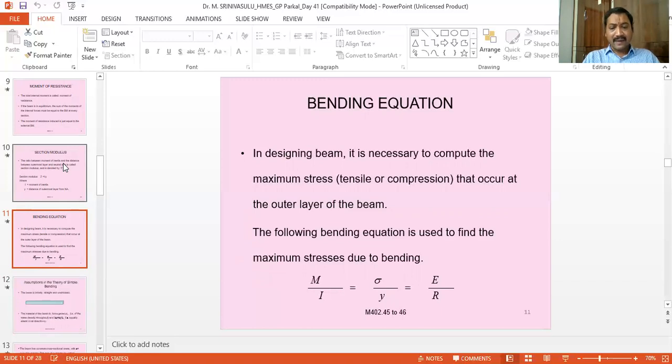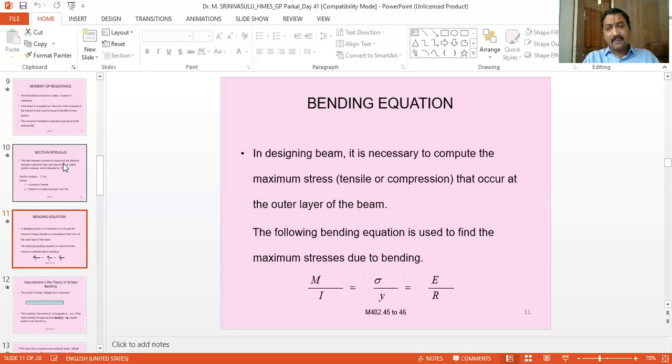So M by I is equal to sigma by y is equal to E by R is called the bending equation. Here M is the moment of resistance, which is nothing but the bending moment at any point on the beam, and I is the moment of inertia of the section of the beam. Sigma is the bending stress acting on the beam, and y is the distance of the outermost layer from the neutral axis.